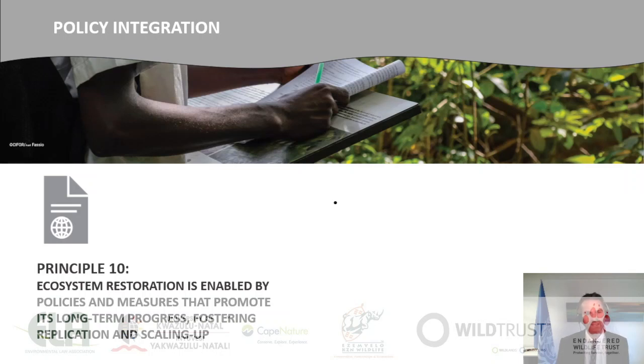So we have to integrate our experiences, our advocacy, our knowledge into the policies at national, regional, and global level. And this is one of the main aims of the UN Decade on Ecosystem Restoration, to bring together our now over 70 partners in the 5 task forces to have an effective advocacy, knowledge and learning platform for ecosystem restoration.